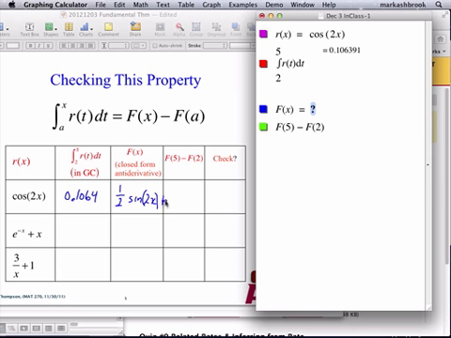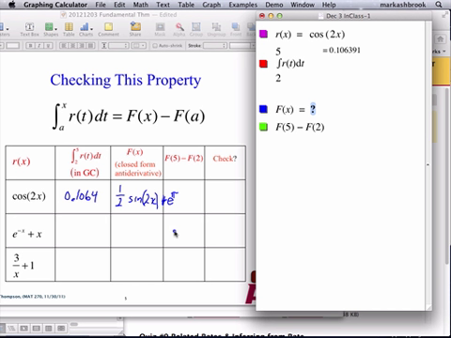I want to add e to the pi. Still okay? I added e to the pi. Yes. Yeah, because what's the derivative of this? Cosine 2x. Still an antiderivative. Still an antiderivative. Okay? So you can make up your own.